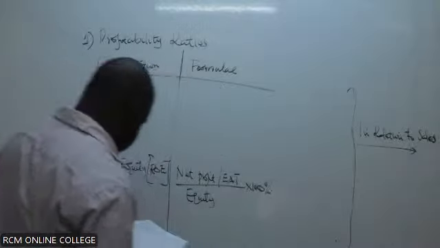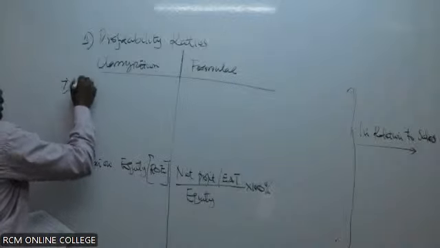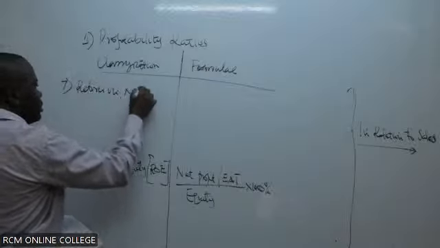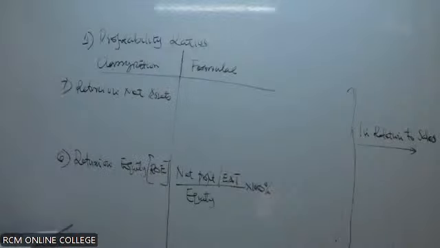So that is number 7. So another profitability ratio, return on net assets.